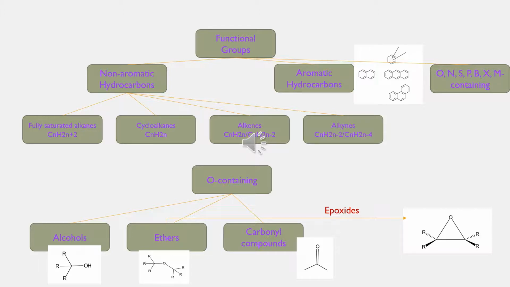You have your ethers, where the oxygen is bonded to two carbons or two alkyl groups, and then you have your carbonyl compounds. The carbonyl family is the family of compounds that contain carbon-oxygen double bonds. The carbon-oxygen double bond is the carbonyl functional group.